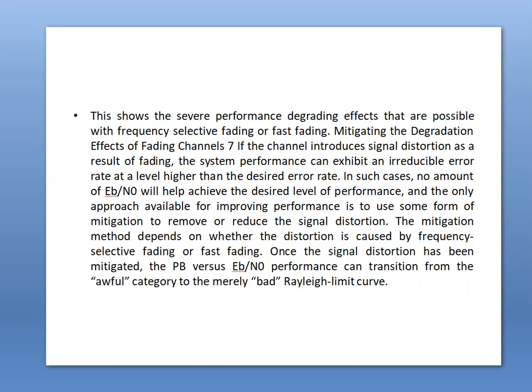The mitigation depends on whether the distortion is caused by frequency selective fading or fast fading. Once the signal distortion has been mitigated, the probability of error versus Eb/N0 performance can transition from the awful category to the bad Rayleigh limit curve.